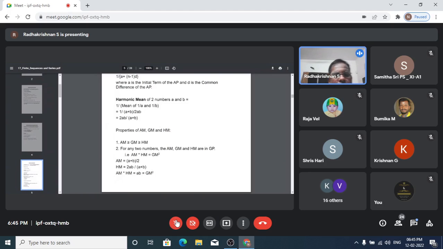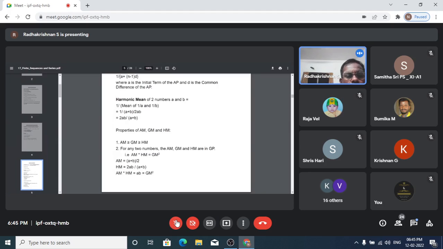If we take all three, AM, GM and HM, we can relate them. AM is always greater than or equal to GM, which is again greater than or equal to HM. So HM is the smallest, above it GM, and above that AM. For any two numbers, AM, GM and HM are in GP.